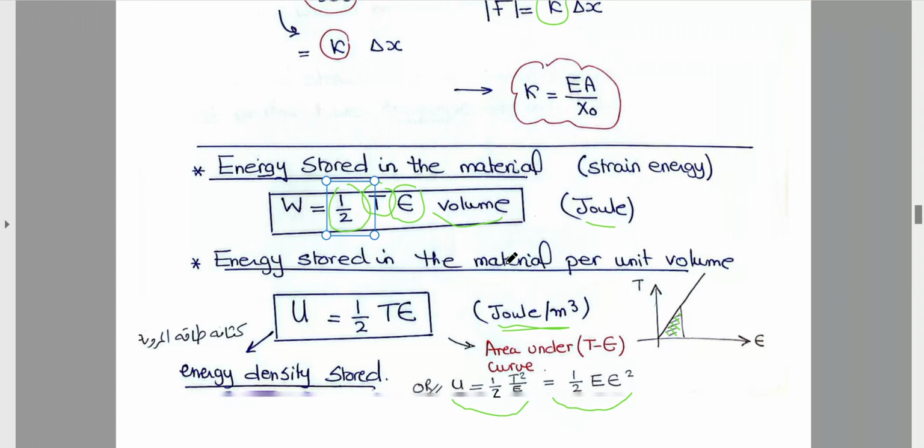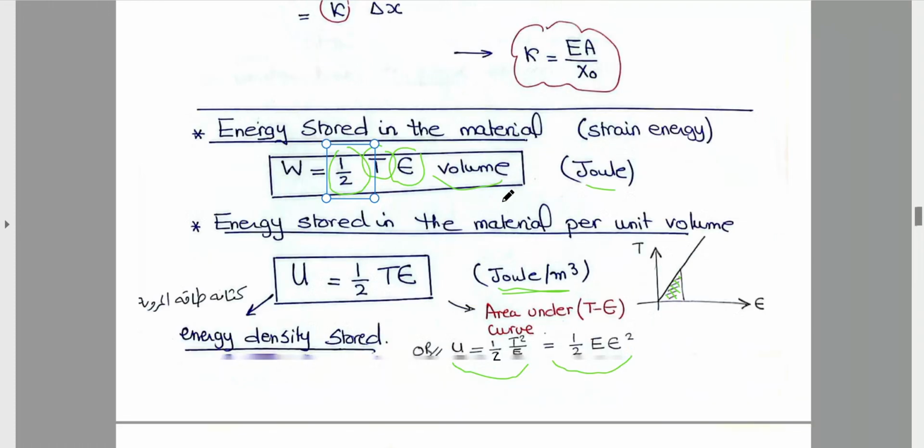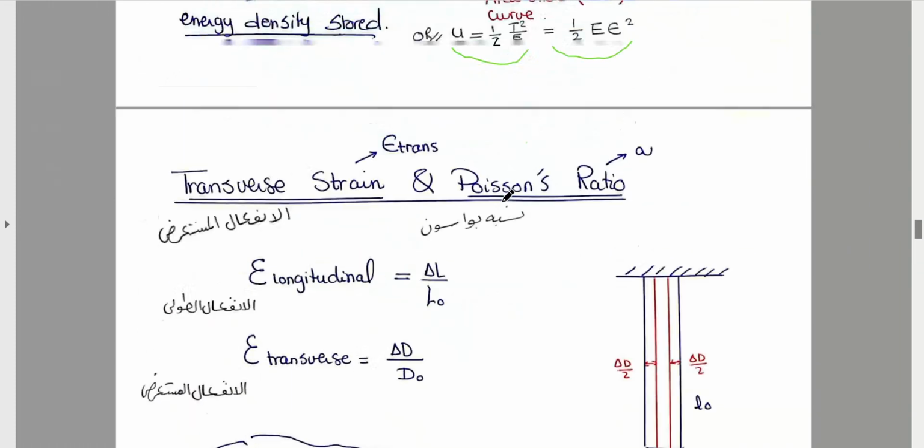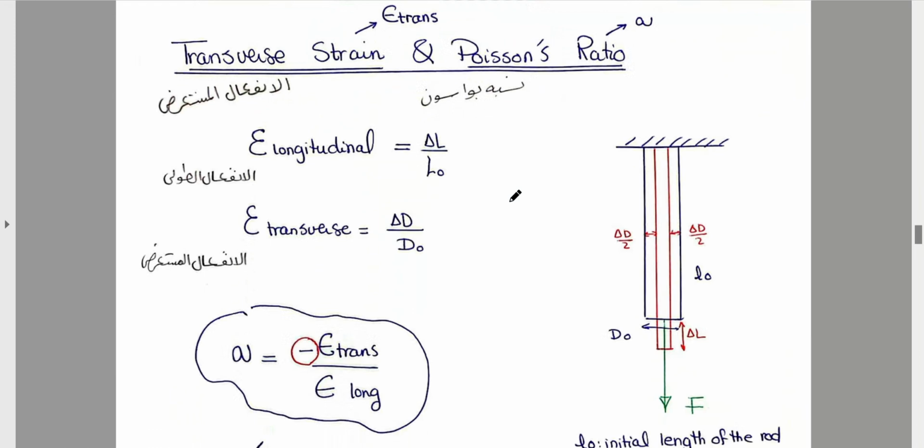Okay, now we want to know what happens on the other side. If I have this strain, delta L increases. What happens to the diameter?